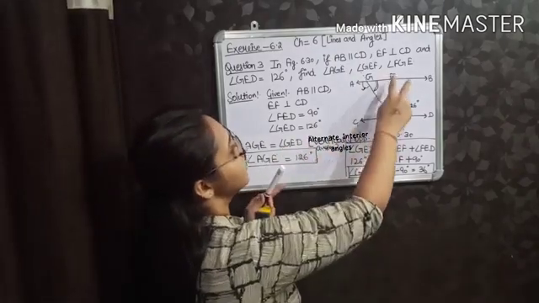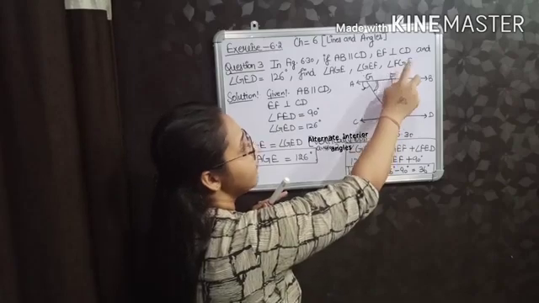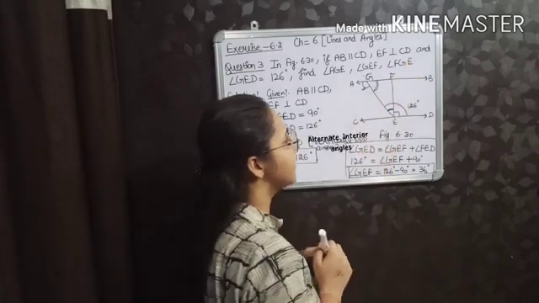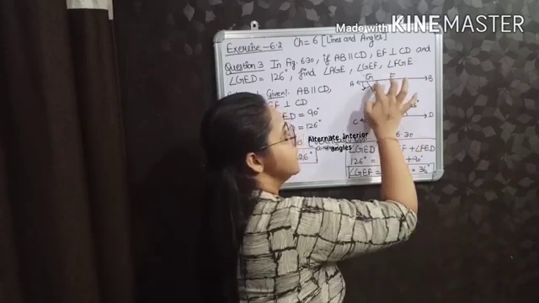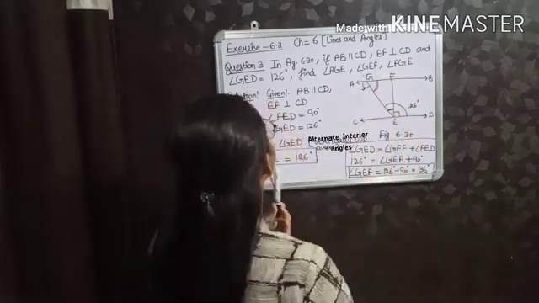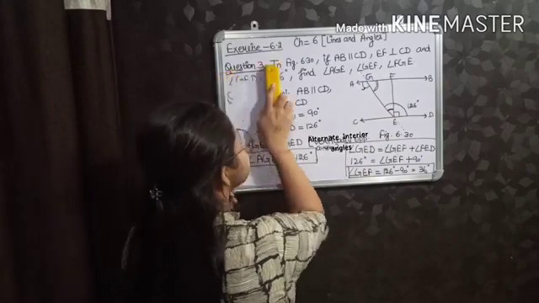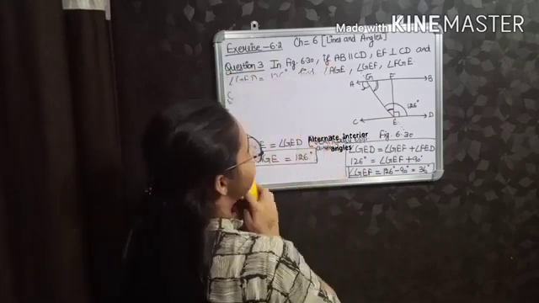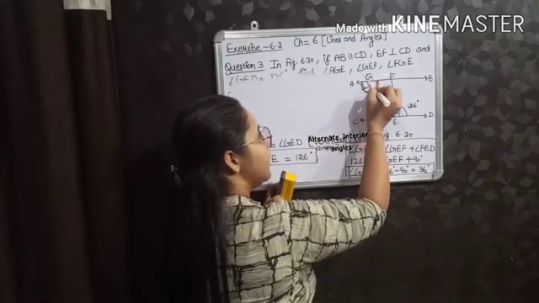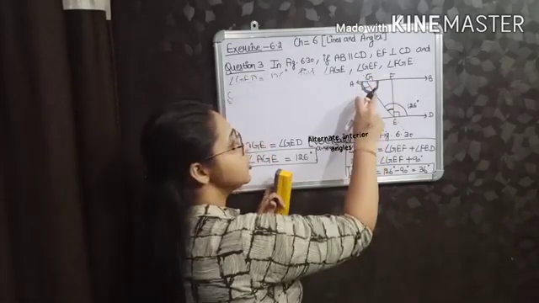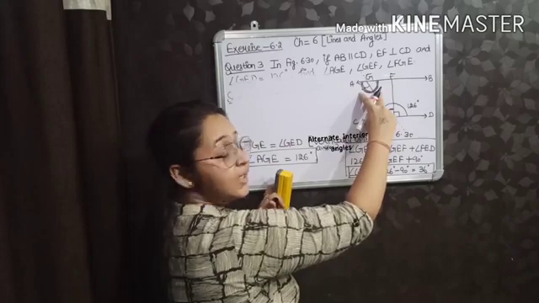Now the last angle that we have to find is angle FGE. Where is angle FGE? F, G and E. This angle. Now see, you can find this angle as, see, this complete angle is making a linear pair. These two angles are making a linear pair.